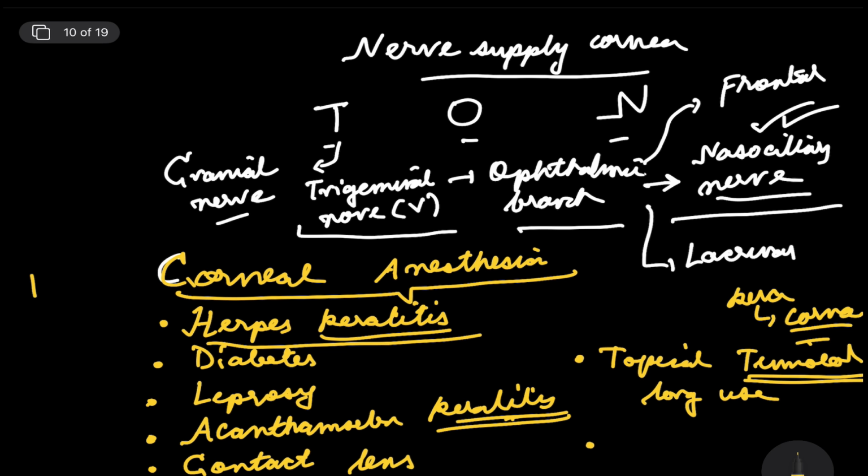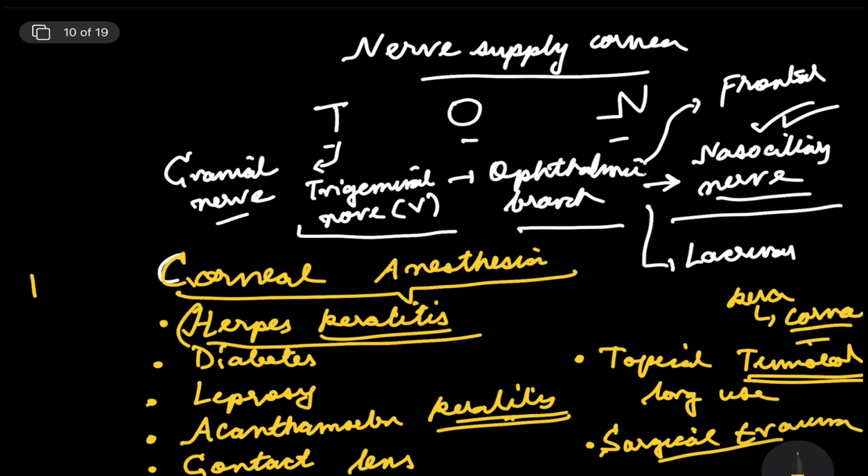Another reason for corneal anesthesia is what? A trauma, surgical trauma, right? If, for example, we are performing a cataract surgery, and for some reason, for improper techniques, the surgeon damages the cornea, then it might cause corneal anesthesia.